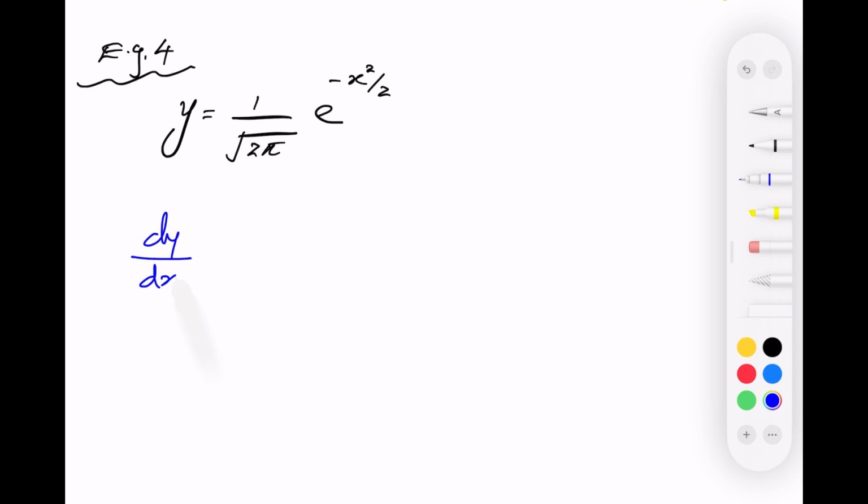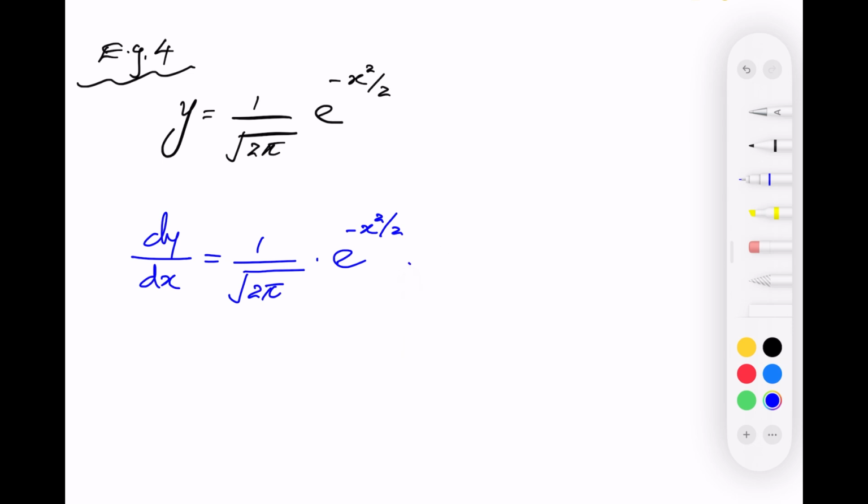Dy by dx should be equal to, what can we say about 1 over square root 2 pi? It's a constant. Therefore, I can simply write that as it is, 1 over square root 2 pi. I simply have to differentiate this function, e raised to the negative x squared over 2. First, we will write down that function as it is without any changes whatsoever, e raised to the negative x squared over 2.